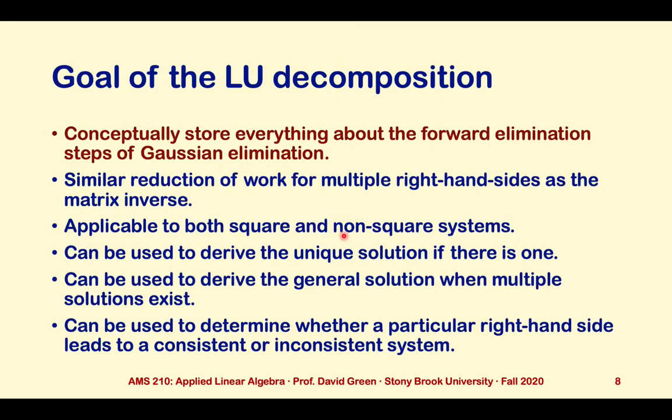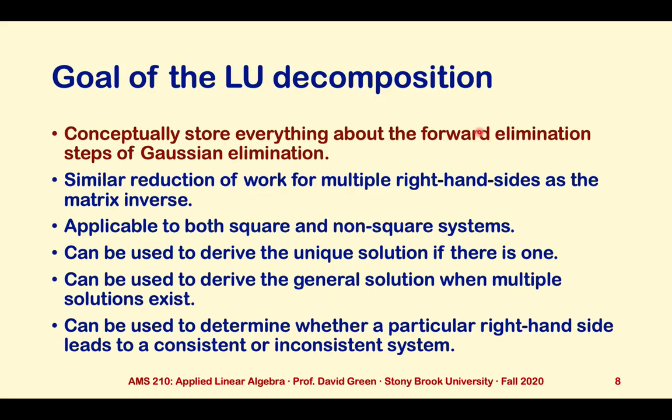So the goal of the LU decomposition, looking ahead, is to conceptually store everything about the forward elimination steps of Gaussian elimination. It's not going to capture everything. Back substitution is much more specific.